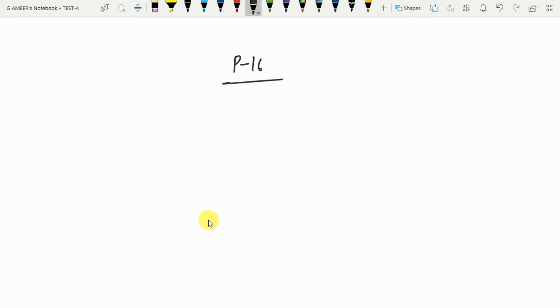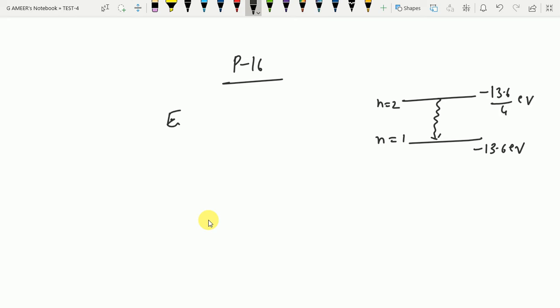The stopping potential is given, then the threshold frequency is asked. So the electron is jumping from n equal to 2 to n equal to 1 in the hydrogen atom. We know that in the hydrogen atom the energy here is minus 13.6 electron volts, and here it is minus 13.6 by 4 electron volts. Because the energy En is equal to minus 13.6 by n square electron volts. This formula you know already.